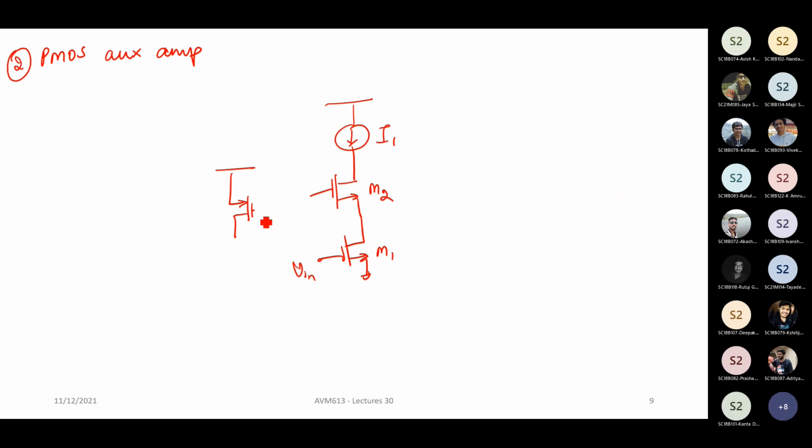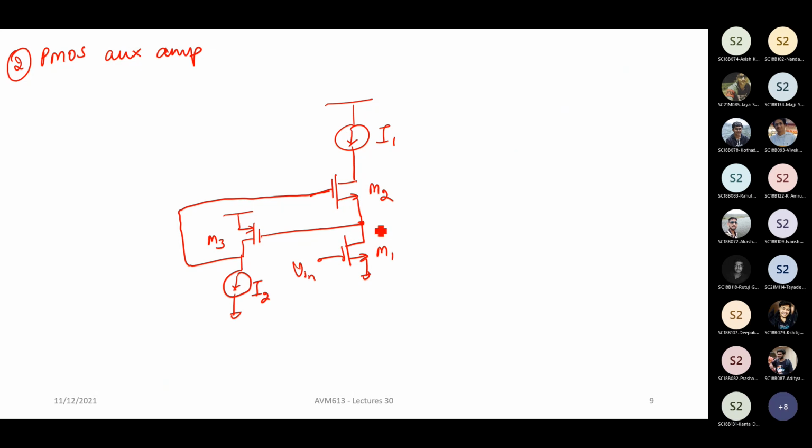Okay, and let me just draw it a little lower. I am having a current source load, let's call it I2. And this output is connected to M2. So let's say this is M3, right? So basically this is the same common source amplifier, but implemented as a common source with a PMOS input pair.